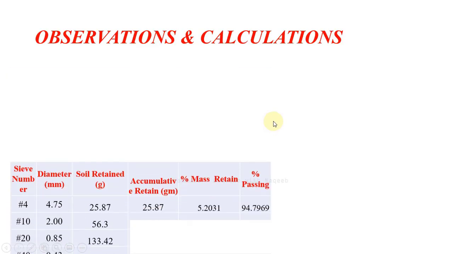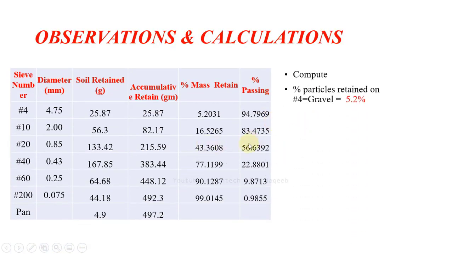Now, the percentage of fines: the material that is passing through sieve number 200 is called fines. So the percentage passing sieve number 200 is 0.98%. So it means fines are 0.98%, approximately 1%.